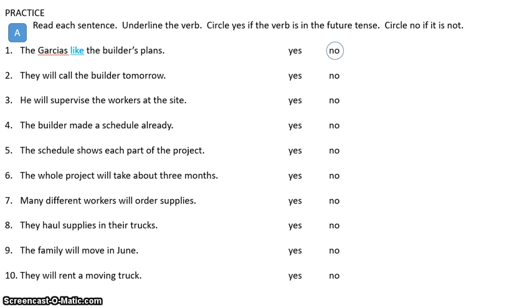Now, if you do have the word will there, as in number 2, it says they will call the builder tomorrow. I want you to notice that I underlined both of those words. Both of those words are the complete verb. So you have to underline both of them or it will be wrong.